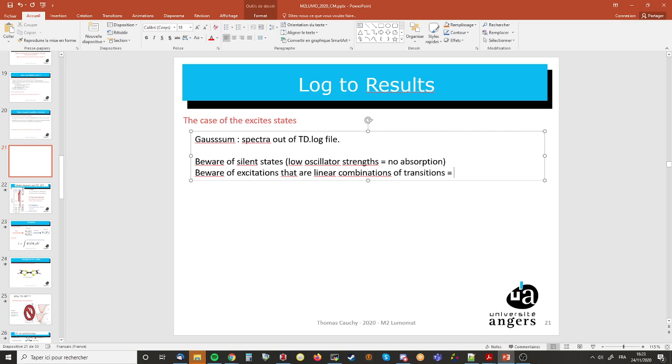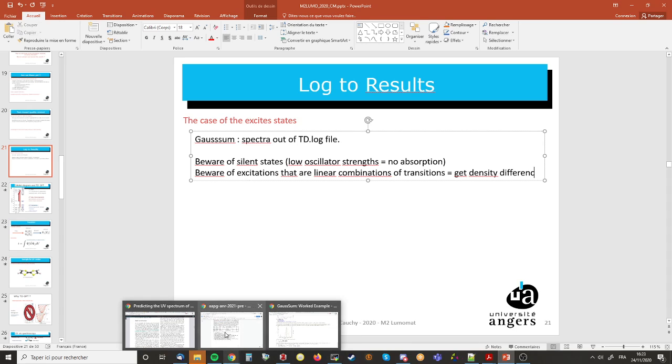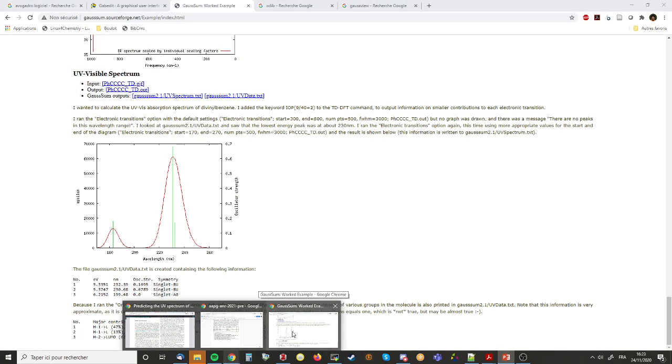To build this spectra with GaussSum, I've searched a file and then I have to find what, SCF done? No, no. You have to choose absorption spectra. I have SCF done, K501, imaginary framework and custom.